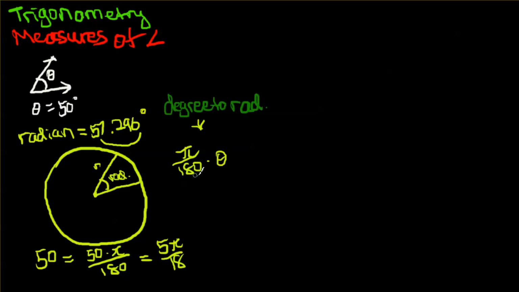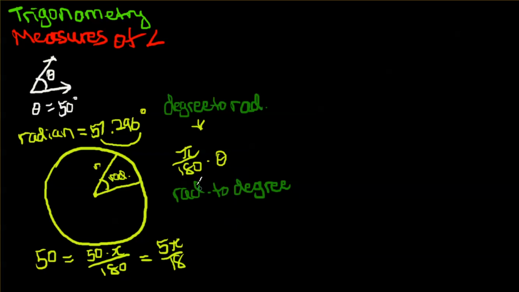Also, you want to remember that for radians to degrees, the way you do that is you basically flip this equation. I'll explain that in a little bit, but we're basically doing the opposite.